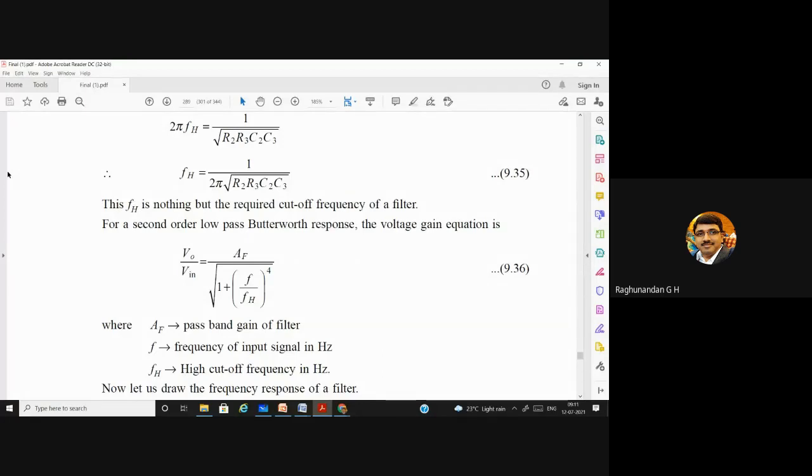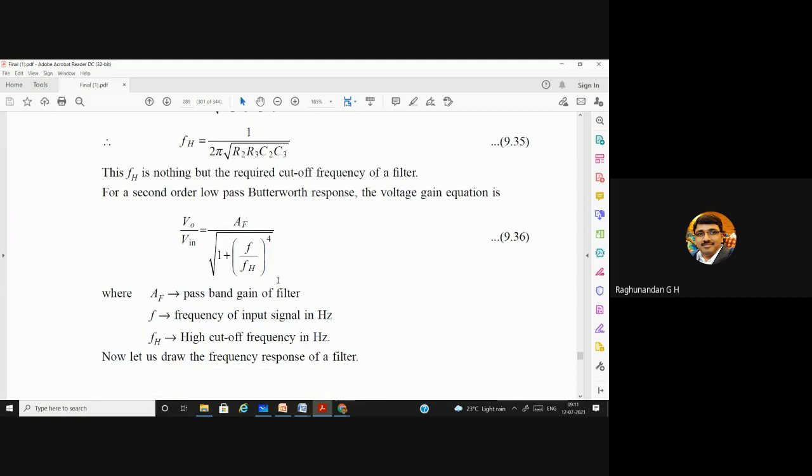The same voltage equation for first order was AF by root of 1 plus F by Fh to the power of 2. But here it is 4. That indicates it is the second order filter, the filter of order 2.